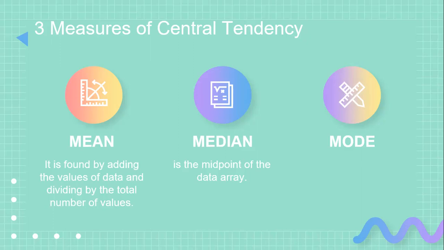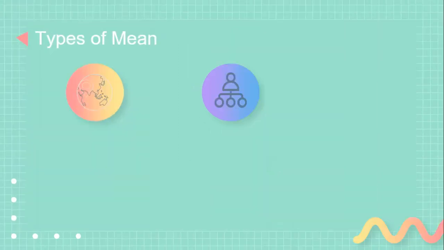Now, the mode is the value that occurs most often in the data set. For example, if 24 appears five times, then our mode is 24, because it is the value that occurs most often in the data. Okay, now let's proceed to our next slide.